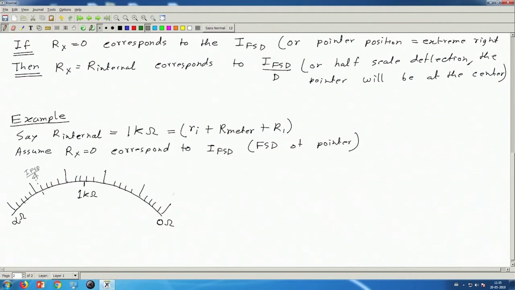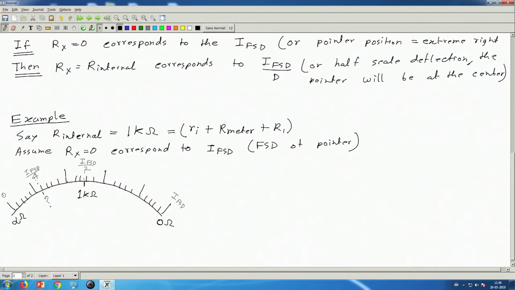If the pointer is at the right end, full scale deflection current flows. If the pointer is at the left end, no current flows. If it is at the center, half of the full scale deflection current flows. If it is here, 1/4 of the full scale deflection current flows. Now, what will be the value of the resistance that I should put here on the scale? This is the question, and let us find out the answer.